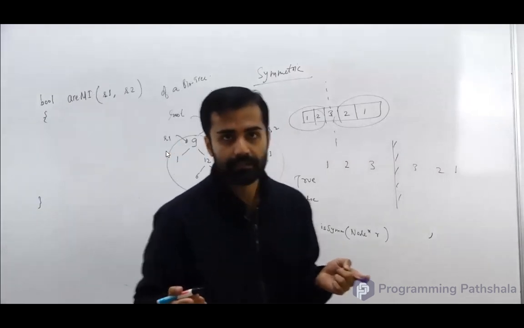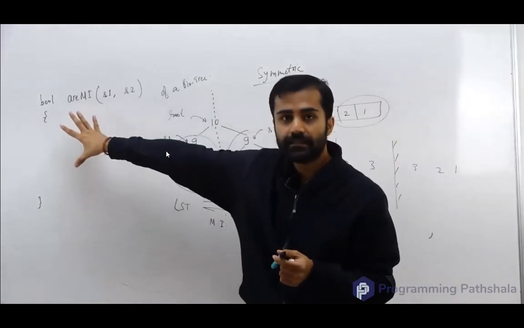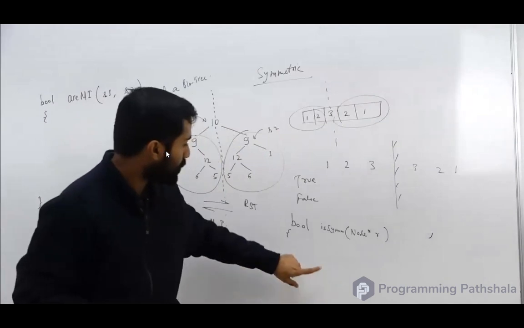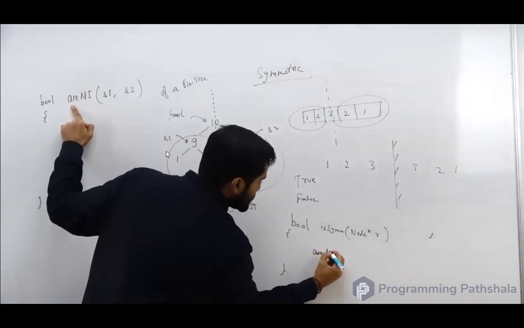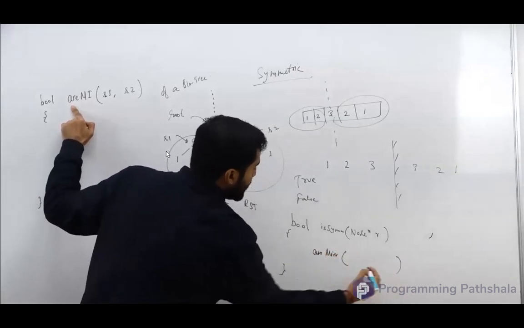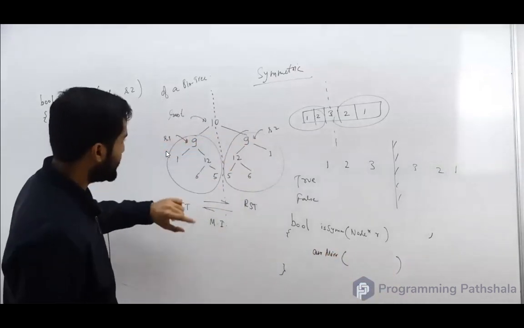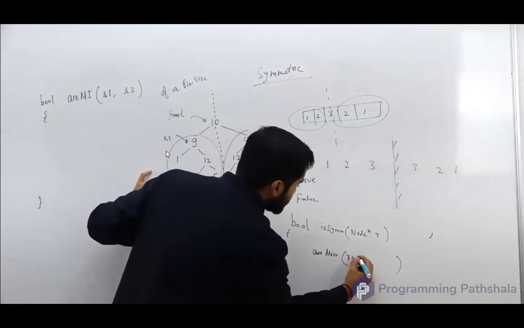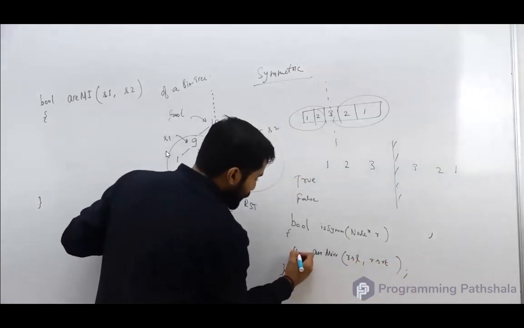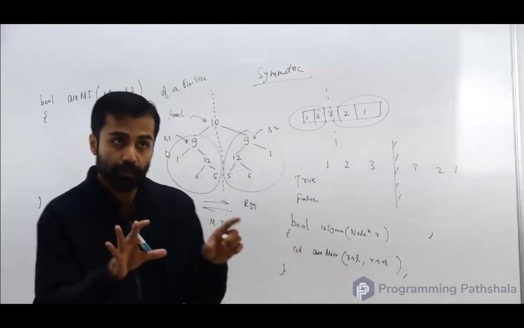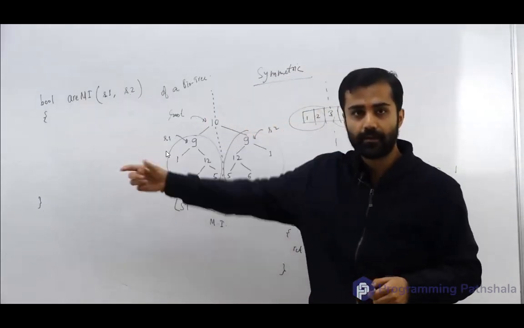Then my job will be done. If you can write this, then you can just call this function from here. You can just call isMirrorImage for the left and the right subtrees, which is for R left and R right. If it returns true, you want to return true. If it returns false, you want to return false. So now all that you have to do is fill in the blanks here, not there.